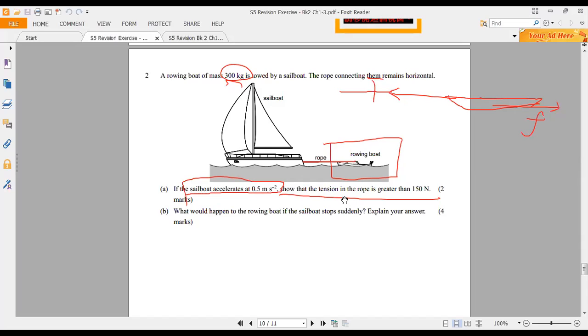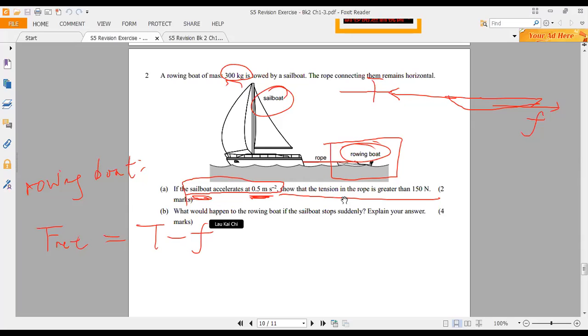Since these two objects are connected, if the sailboat is accelerating with this value, so does this rowing boat. So what we can write is net force for the rowing boat. Net force is equal to tension minus friction, or water resistance, equal to MA.